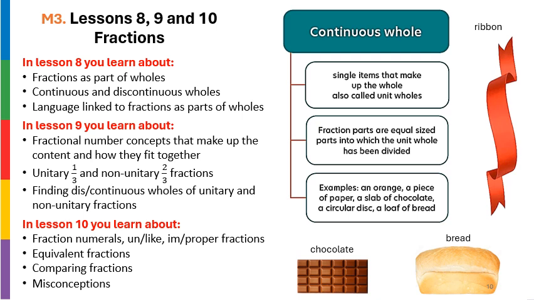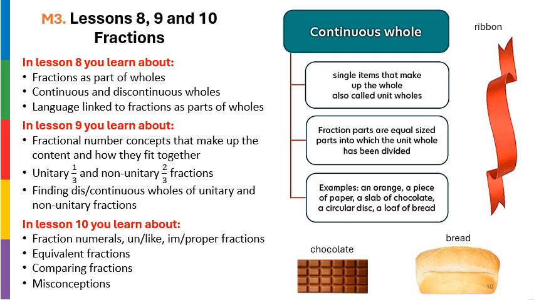To the right of the screen, I have got an image showing continuous whole at the top and 3 little explanations below. Continuous wholes are single items that make up the whole, also called unit wholes. Continuous wholes are fraction parts that are equal in size and into which the unit whole has been divided.